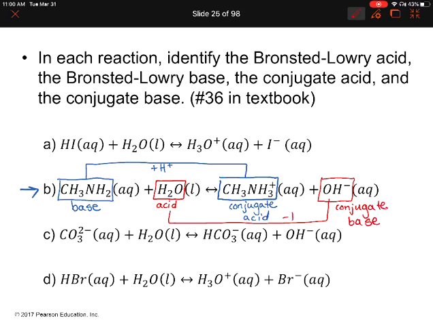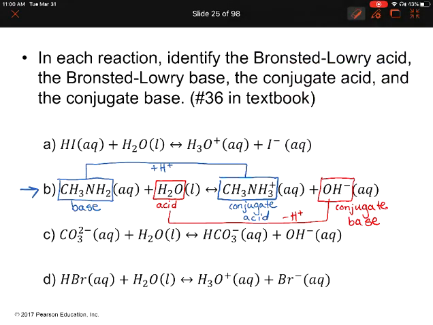So we'll write minus H+ there. Okay, so we've identified the Brønsted-Lowry acid, the Brønsted-Lowry base, the conjugate acid, and the conjugate base. And this one was a little trickier, so we started by pairing up the reactants with the products first, and that helped us identify which reactant was the base and which one was the acid.